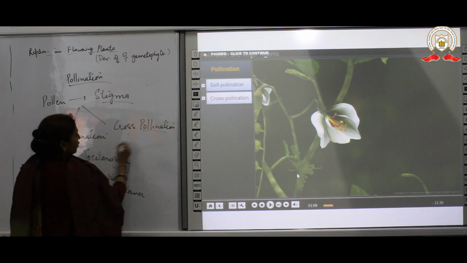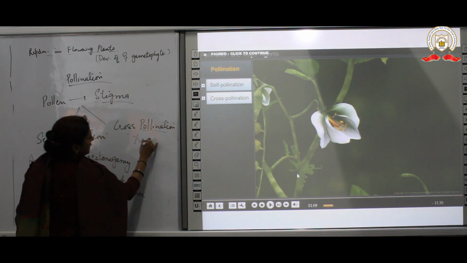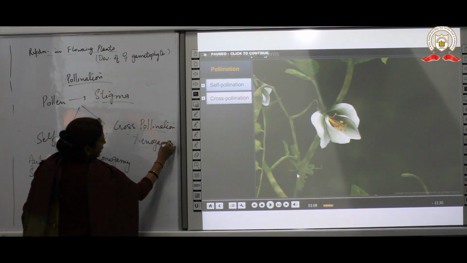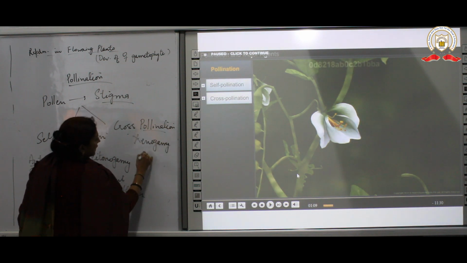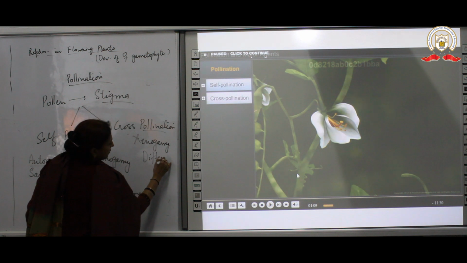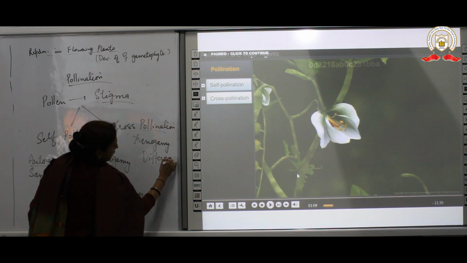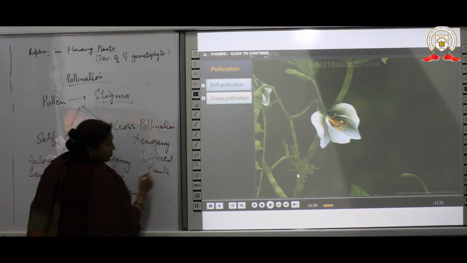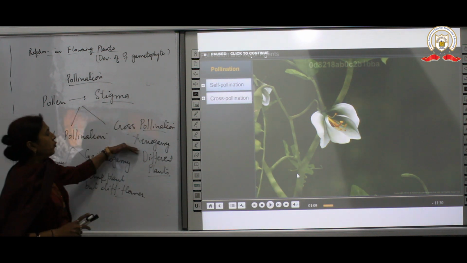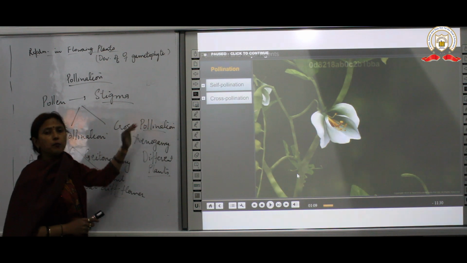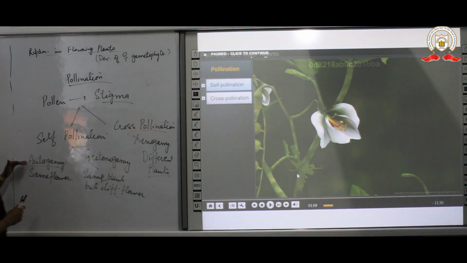And last is cross-pollination, it is known as xenogamy, in which different plants are involved. So this for sure needs a pollinating agent.